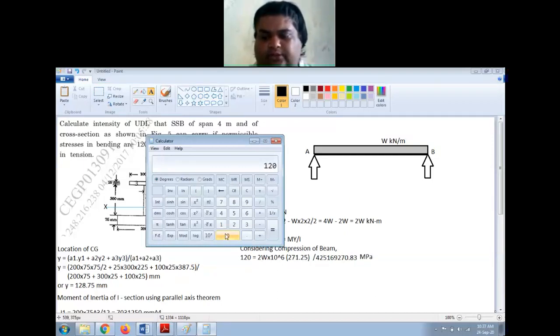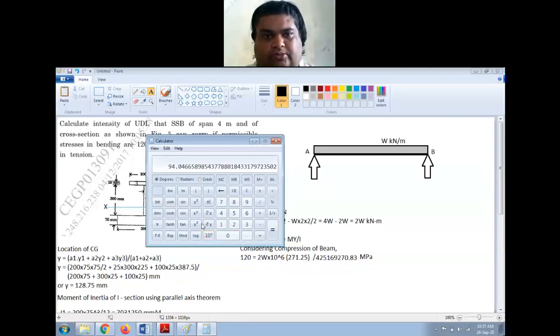This will come here as multiplication into 425169270.83. Correct? Divided by 271.25 is this much, divided by 2 divided by 6 10 raised to 6.